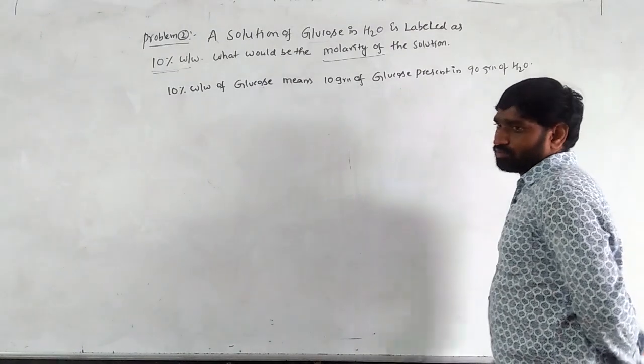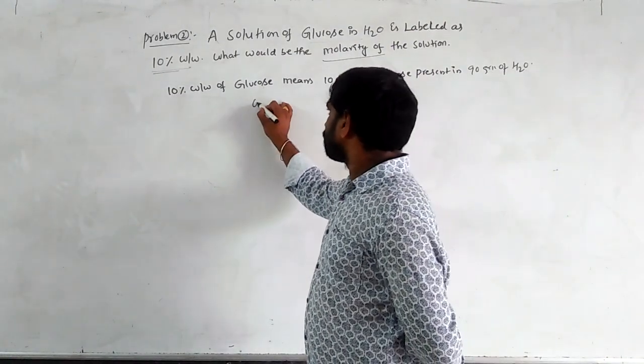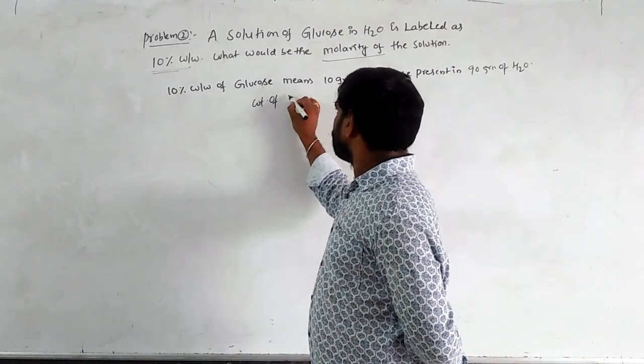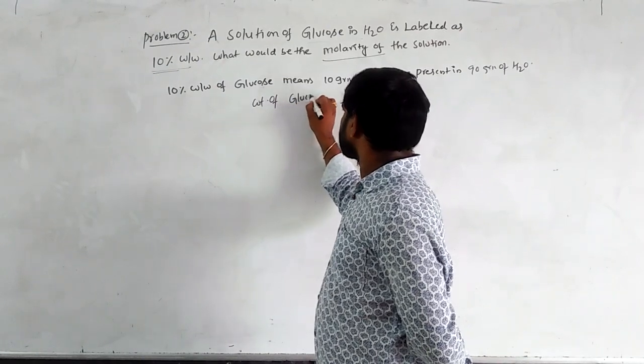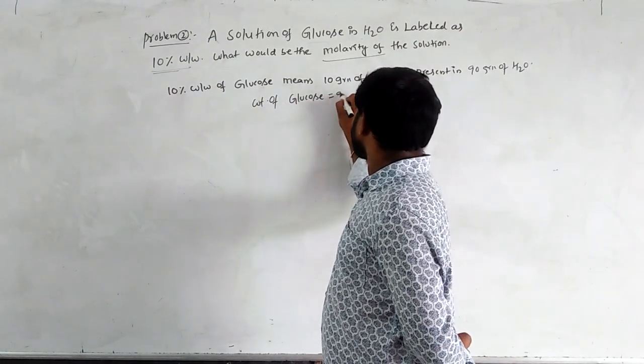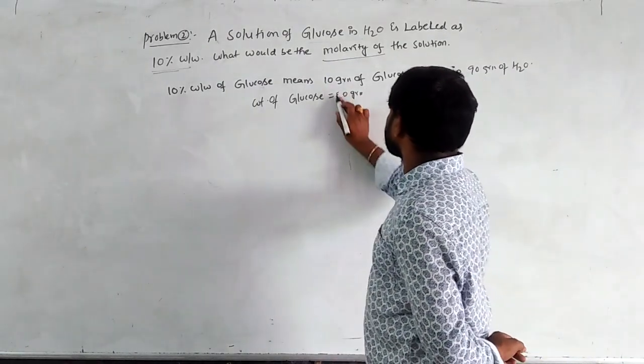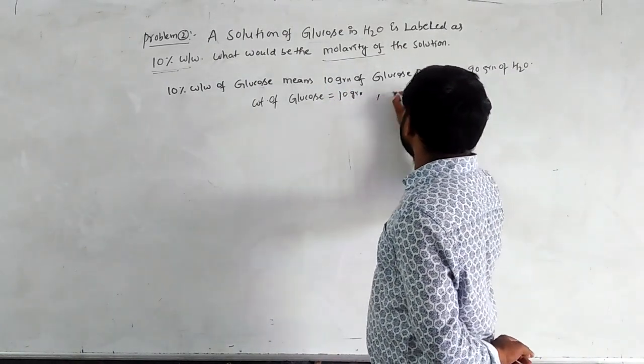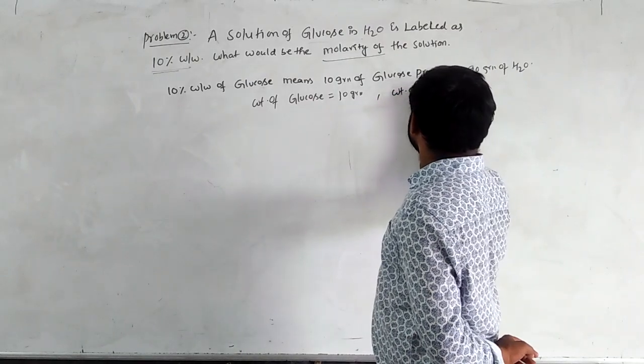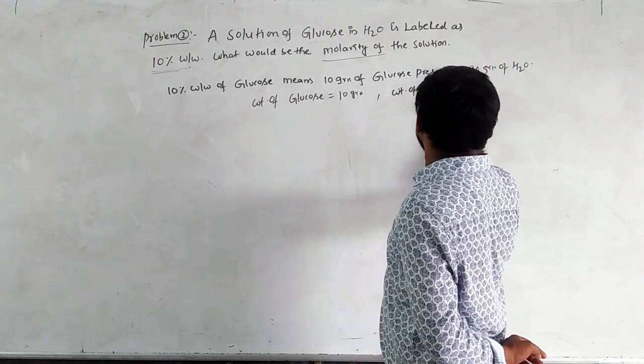That means weight of glucose equals 10 grams, and weight of water equals 90 grams.